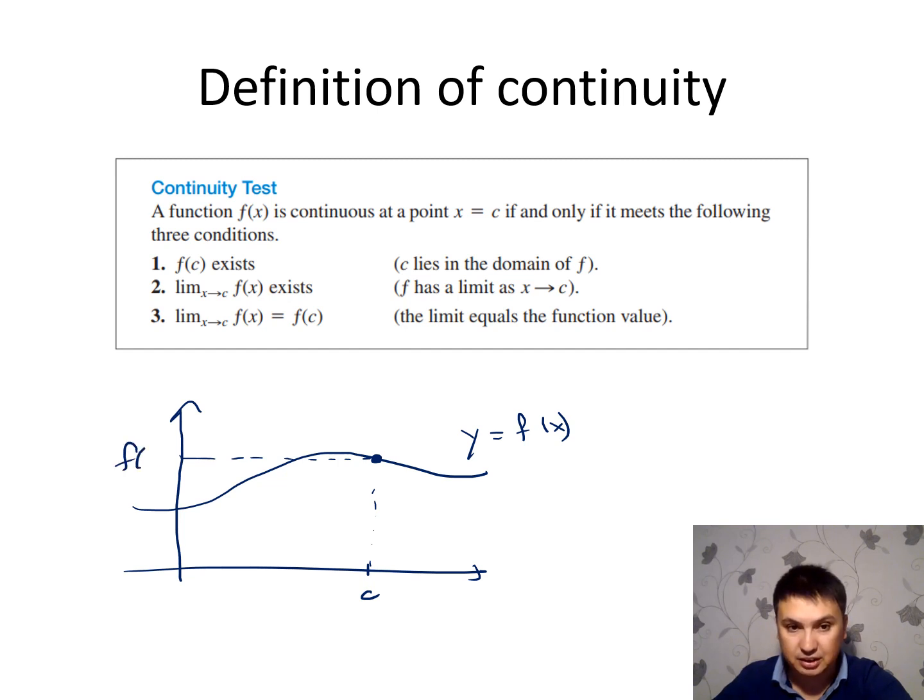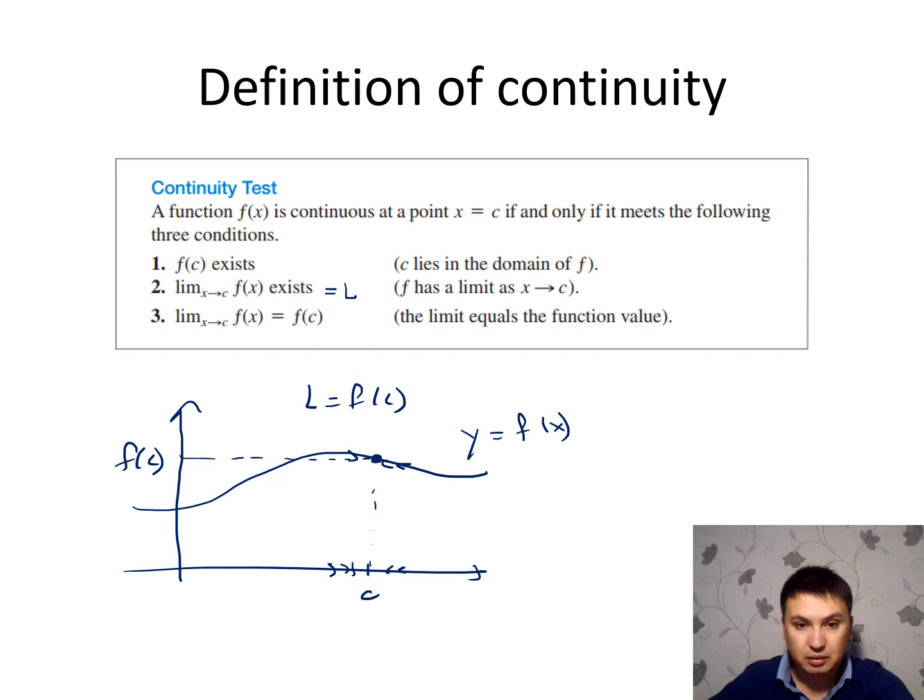So this f(c) exists. It's not something undefined. And secondly, the limit should exist. So if you approach from left or right, it doesn't matter. You need to be approaching the same point, right? So you need to be approaching L, so this limit should be something like L, some limit exists. And secondly, not only does the limit exist, this L must be equal to f(c). So L must be equal to f(c).